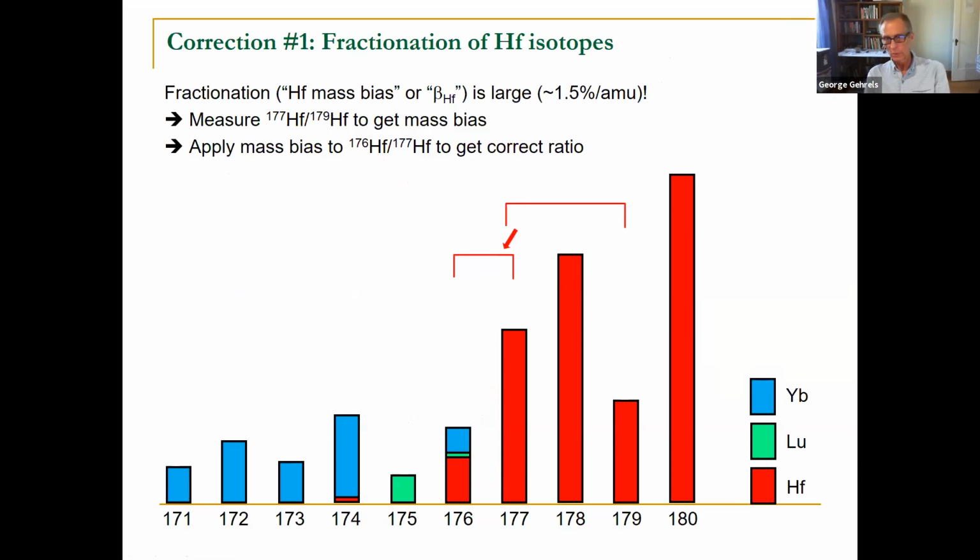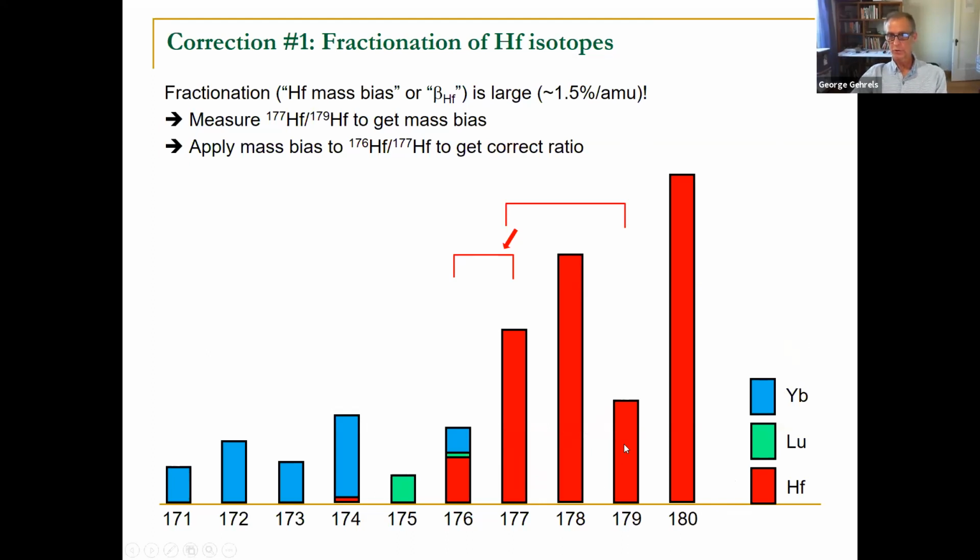So the first factor that we want to correct for is the mass bias of hafnium. And this is just what we said before, the same thing for uranium and lead. Unfortunately, your mass spectrometer always gives you the wrong isotope ratio. You have to be able to correct that isotope ratio, the measured value, to get to the true one. Well, fortunately, 177, 179, these are both stable. Those are stable in nature. That ratio is fixed in nature.